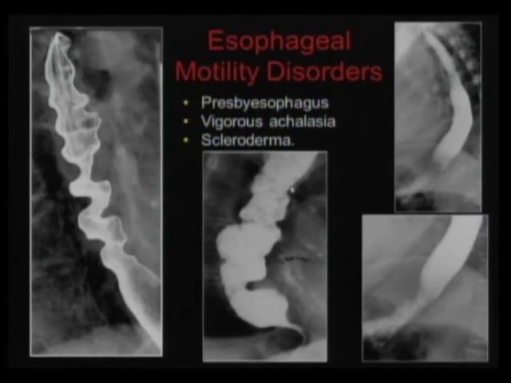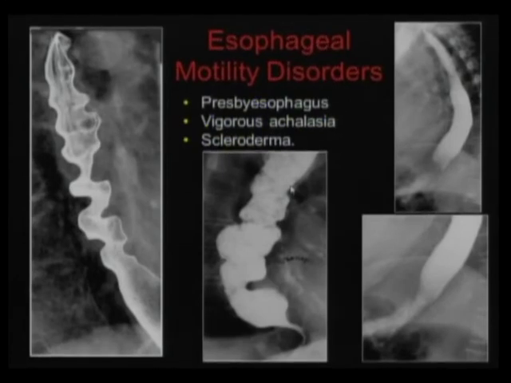The other problem is to make the differential diagnosis of esophageal motility disorders. As I mentioned before, the finding of esophageal motility disorders in gastroesophageal reflux disease is a weak or absent primary wave. When you see tertiary contractions, it means non-propulsive contraction. One of the differential diagnoses is presbyesophagus.